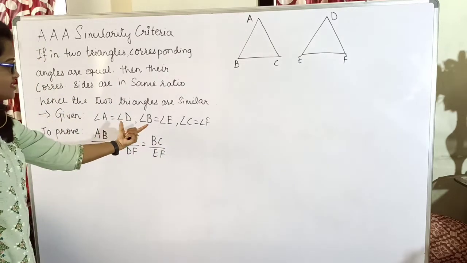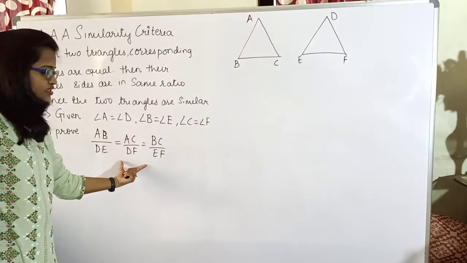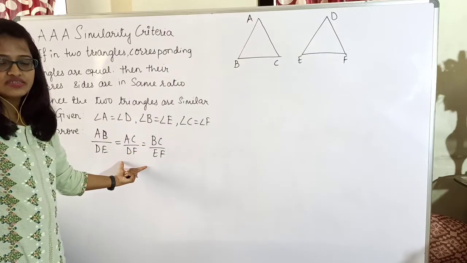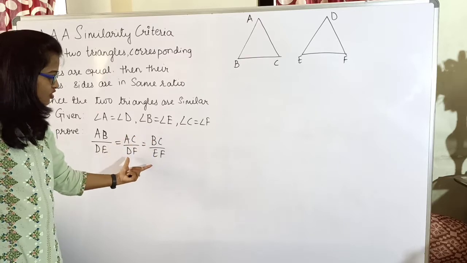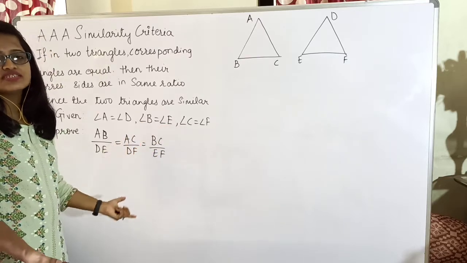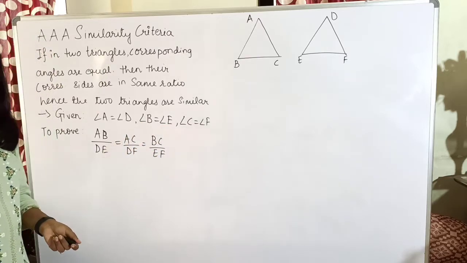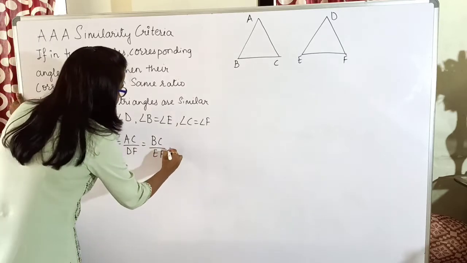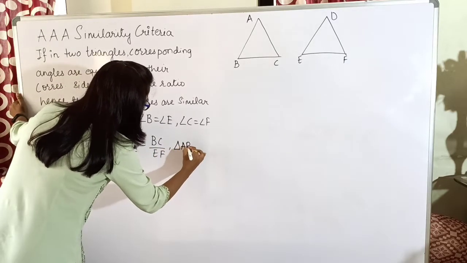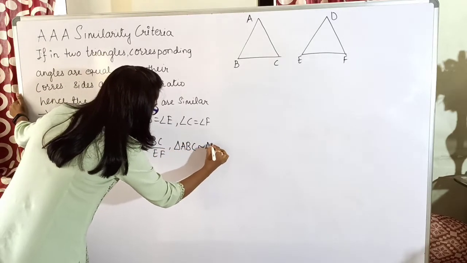If you prove this, then by our similarity criteria we have all these six things, and hence we can say that the two triangles are similar. So therefore triangle ABC will be similar to triangle DEF.